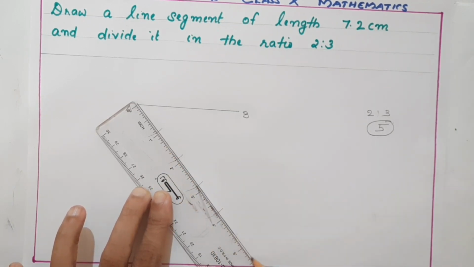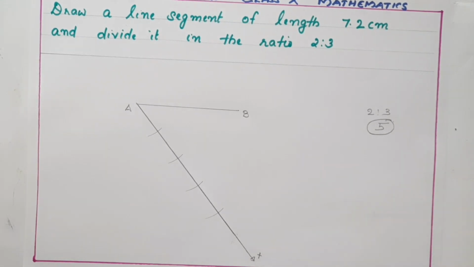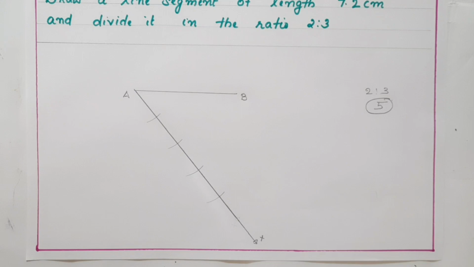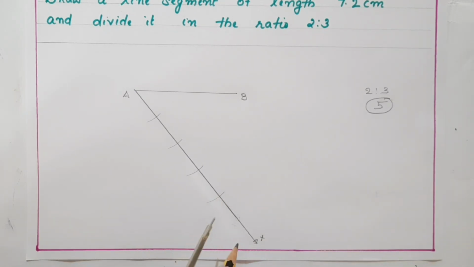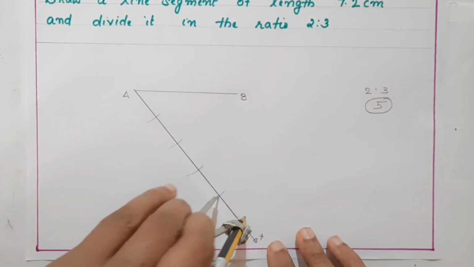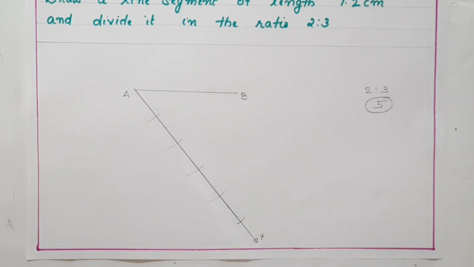Then you have to extend like this. Okay. Now here it is X. Now the same width you have to use to get the fifth point also. Okay.